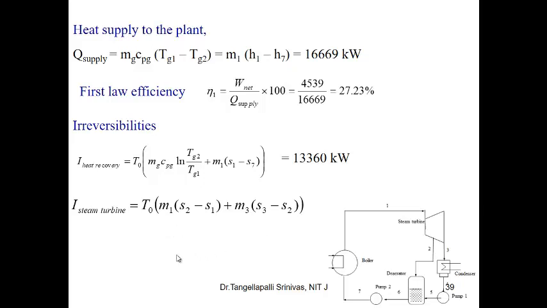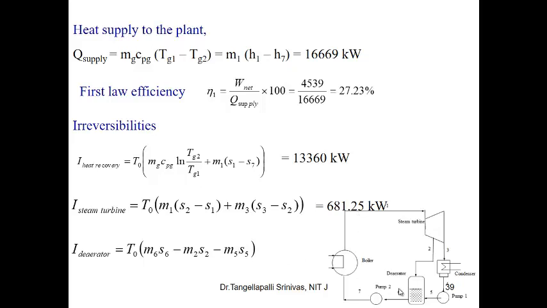That's why the entropy generation of the steam turbine itself is taken to calculate the irreversibility of the steam turbine. This is the first stage entropy, and this second term is the subsequent expansion of the steam, that is entropy generation: T0 into m1 (S2 minus S1) plus T0 into m3 (S3 minus S2). That's the final entropy minus initial entropy, that is the entropy rise. This shows 681.25 kilowatts of exergy loss or irreversibility loss.